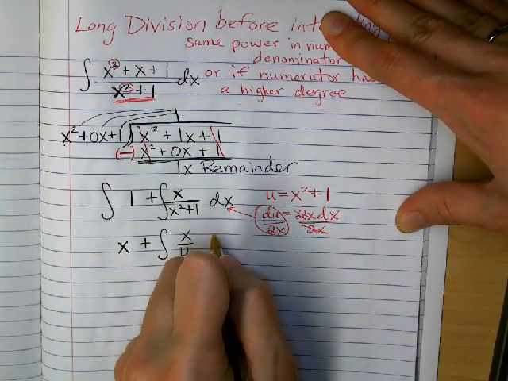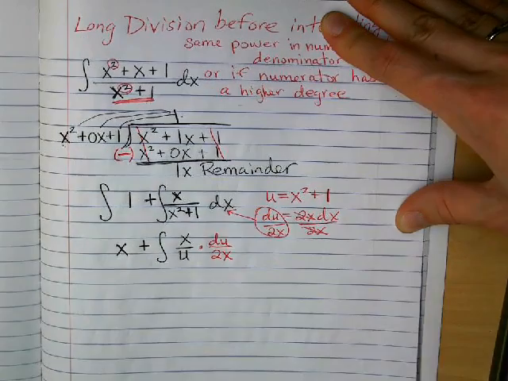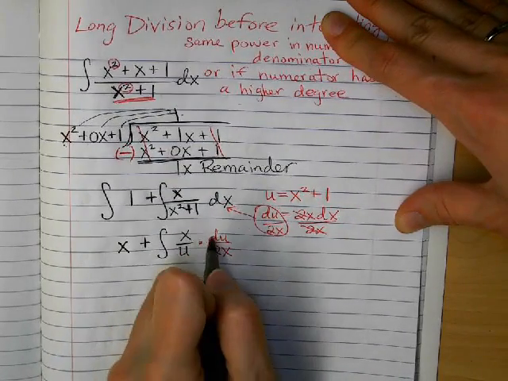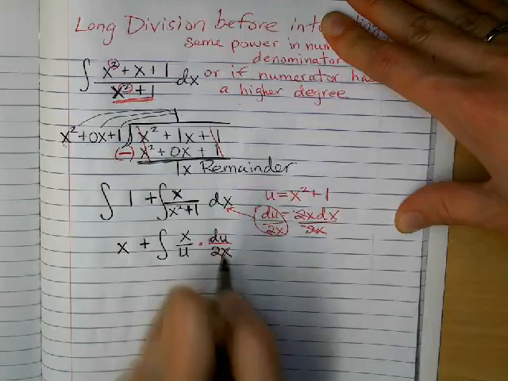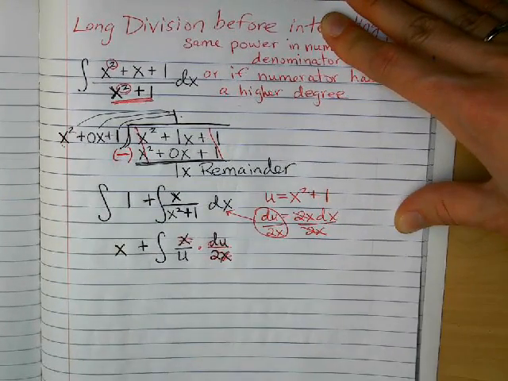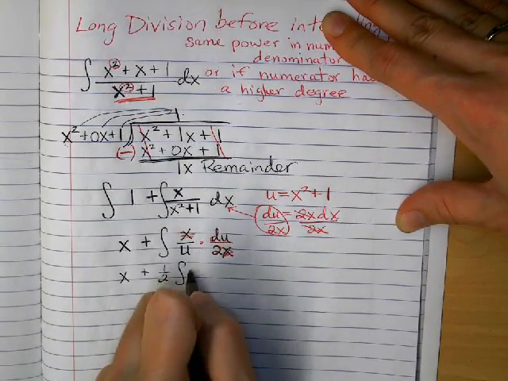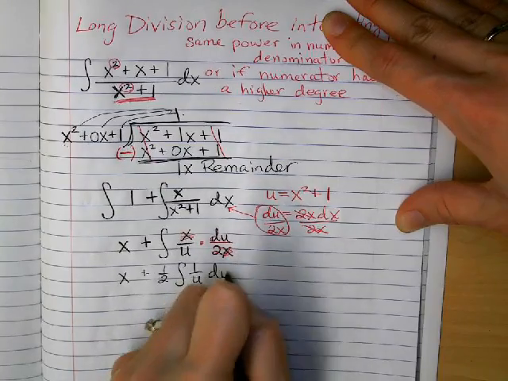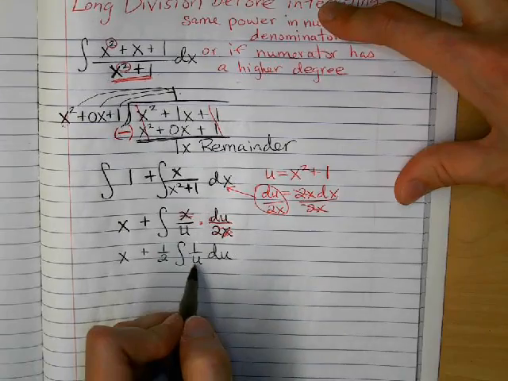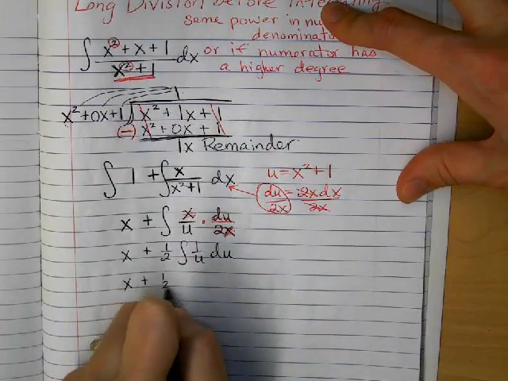See, it's hard, isn't it? It's a lot of steps to do. So then the x cancels. Okay, so I have x plus 1/2 integral of 1 over u du. Now I can finish it. 1/2 natural log of u plus c.